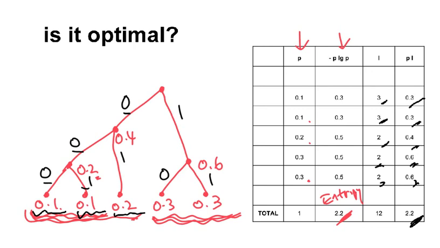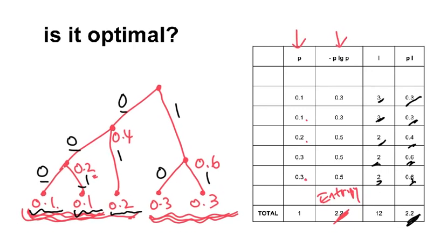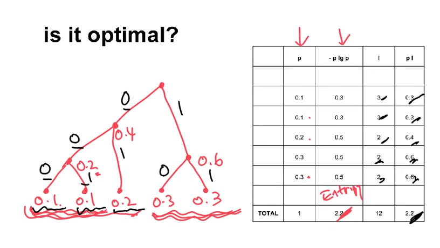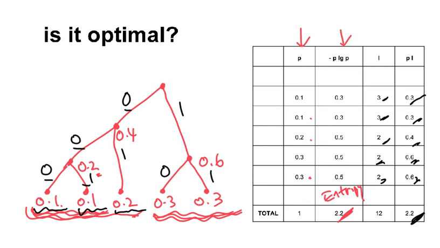So is the Huffman method optimal for this example? Yes, it is optimal because the average length is approximately equal to the entropy. So this is an optimal prefix system generated by the Huffman method.